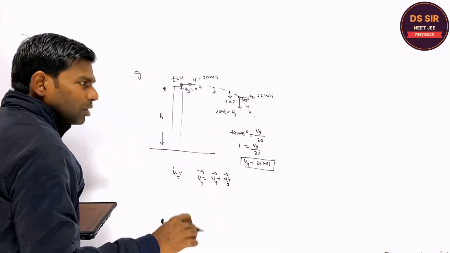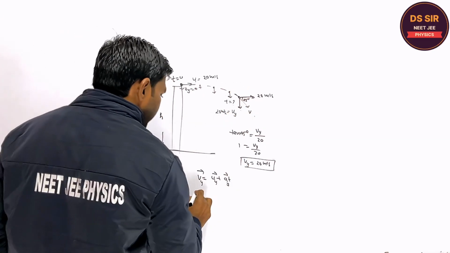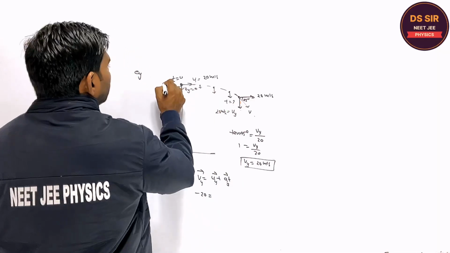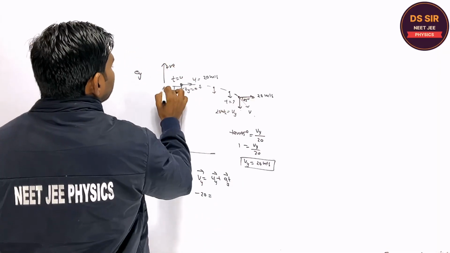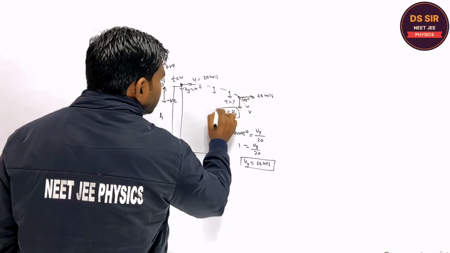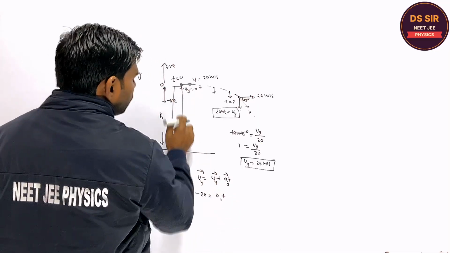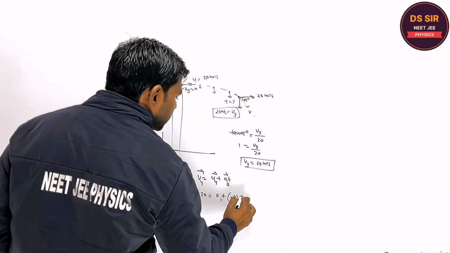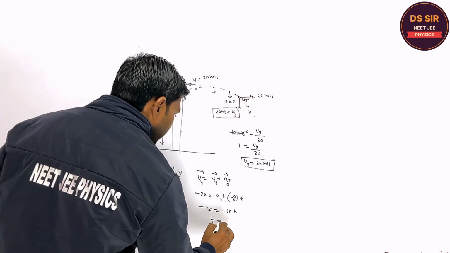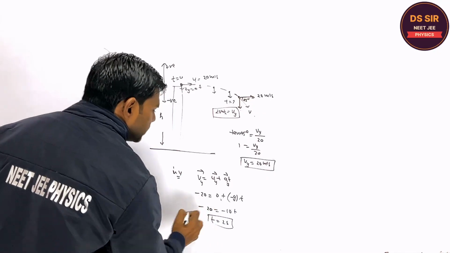Is it clear or not? If you choose this as the positive and this as the negative direction, this is the origin, so I will write it is minus 20. The initial velocity is 0. What is the acceleration? Say minus g into t. So minus 20 is equal to minus 10 into t, and t will be 2 seconds, right?